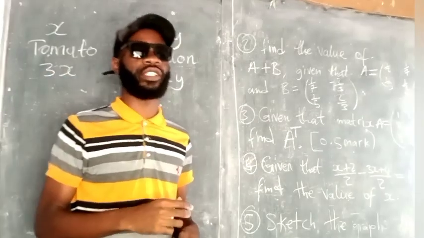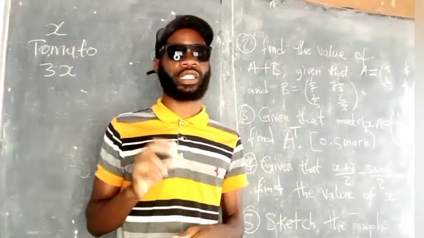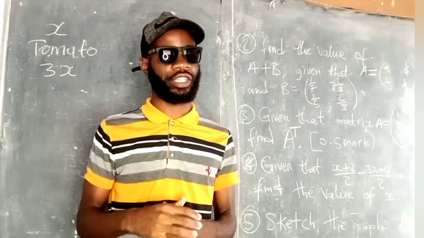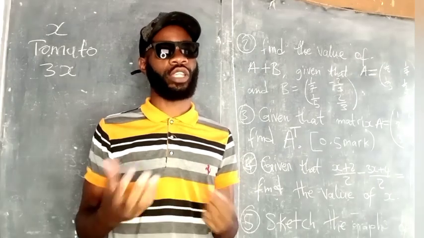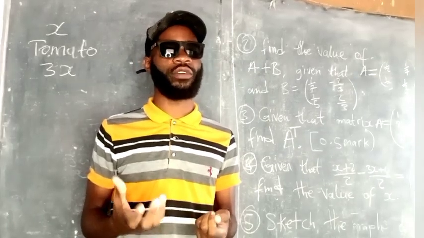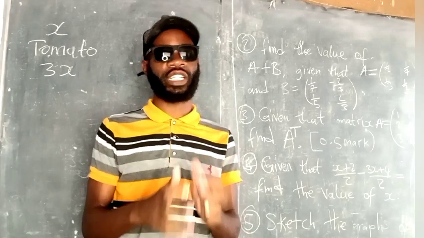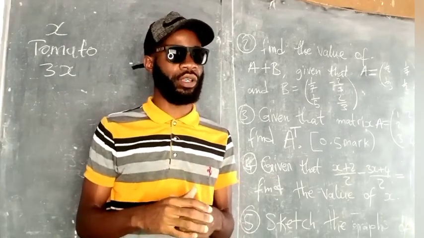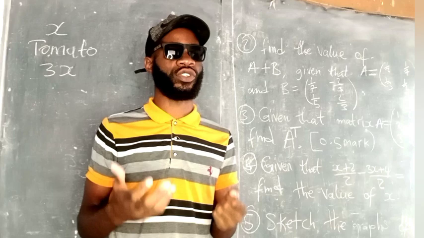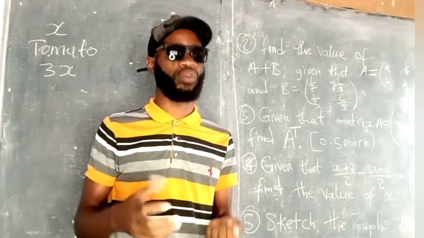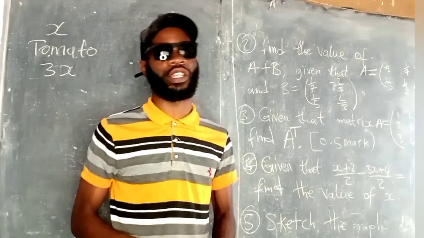Now, in mathematics, it is very important to understand the idea of collecting like terms. Sometimes you can be doing a business where you have things which are mixed up. You have tomatoes, onions, all of them just packed in one basket. So when a customer comes to ask for tomatoes, it will be difficult for you to start searching in the basket.